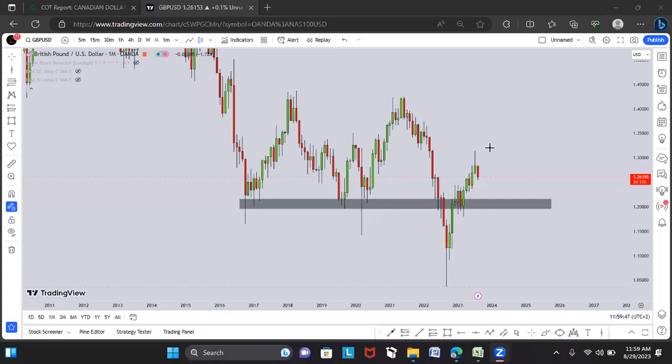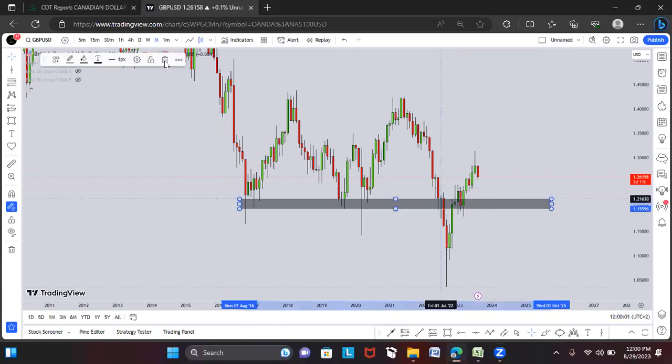Now let's look on the monthly time frame at the most recent price, at what price has been doing and what it has shown us.